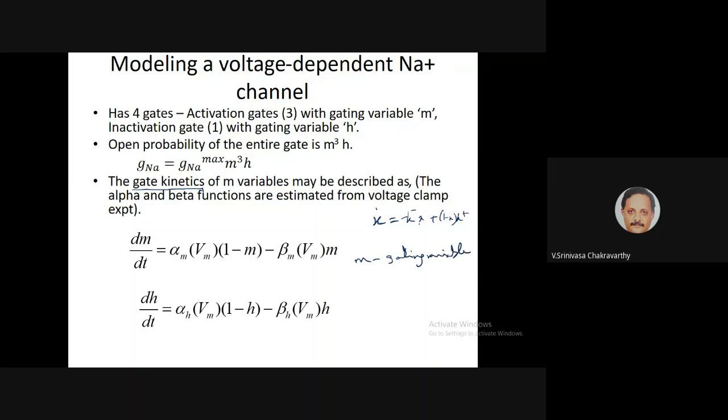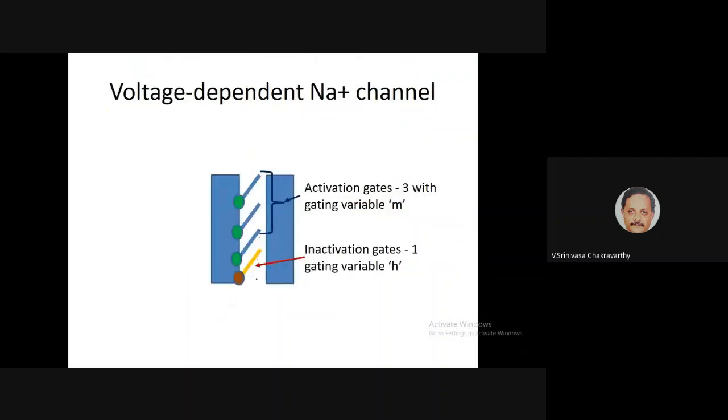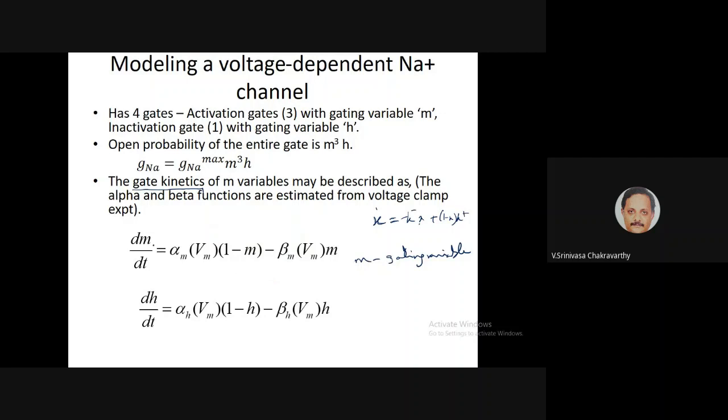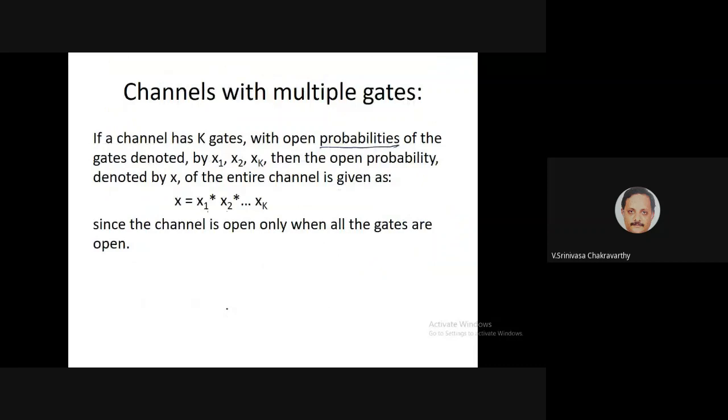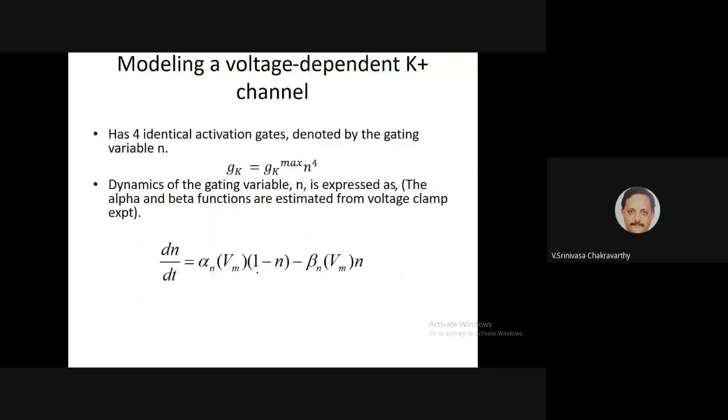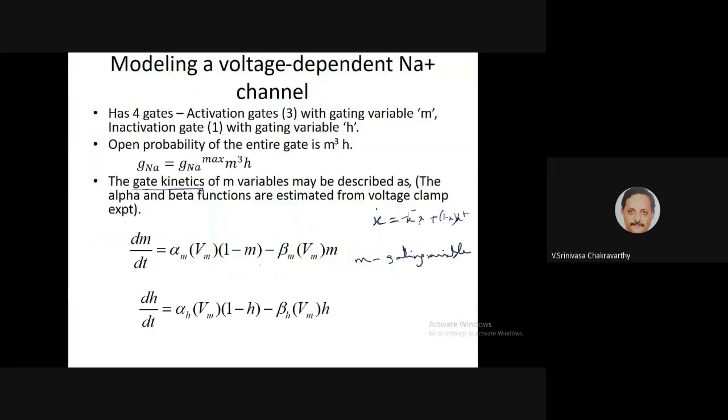Each gate has a gating variable. In the case of sodium, there are 3 activation gates and 1 inactivation gate. M denotes a common variable for all the activation gates of sodium, and H is the variable for the inactivation gate. There's only one inactivation gate, so H denotes the gating variable for that gate.